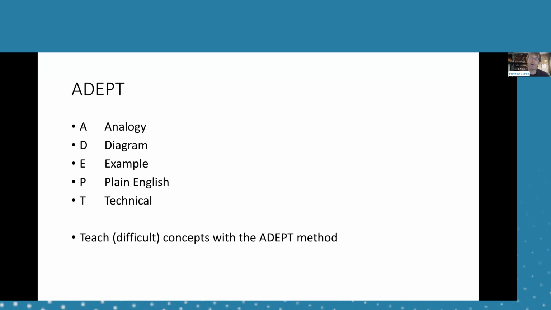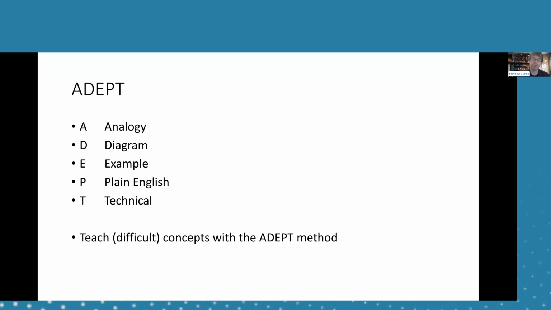ADEPT is a fairly popular acronym because it applies to many situations, and oftentimes these acronyms have multiple definitions. In this context, I'm using ADEPT to stand for A for analogy, D for diagram, E for example, P for plain English, and T for technical.